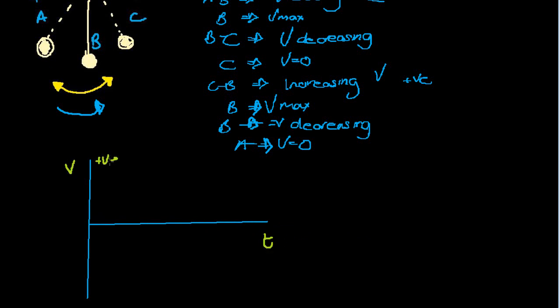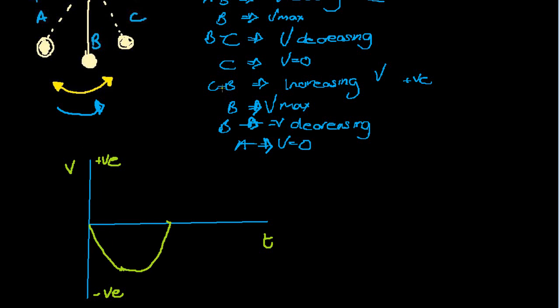That would be positive, and that would be negative. So, as you can see, at A velocity is zero, and from A to B, the velocity is increasing to its maximum, which is B. And from B to C, the velocity is decreasing to C, which is zero again.